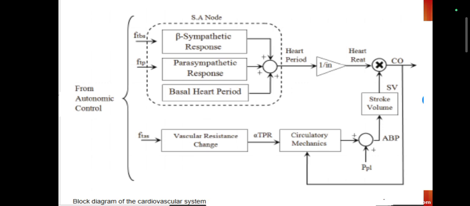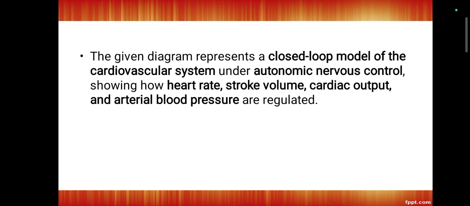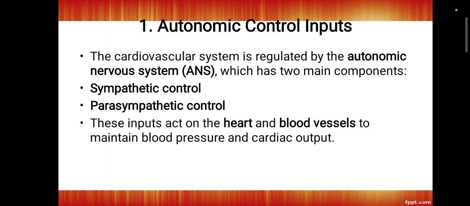Here is the block diagram of this cardiovascular system, with heart period, heart rate, stroke volume, circulatory mechanics and vascular resistance changes. In this given diagram, the closed loop model of the cardiovascular system can be used to show how heart rate, stroke volume, cardiac output and blood pressure are regulated.